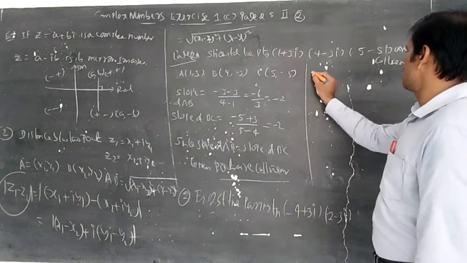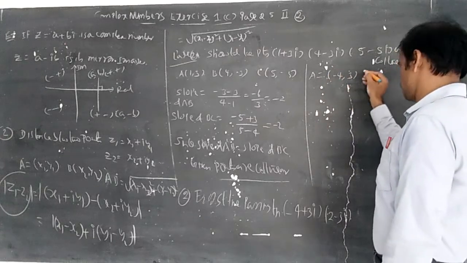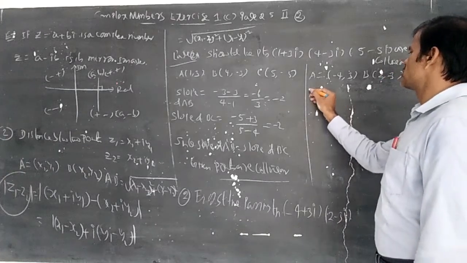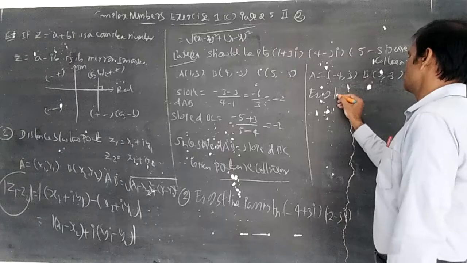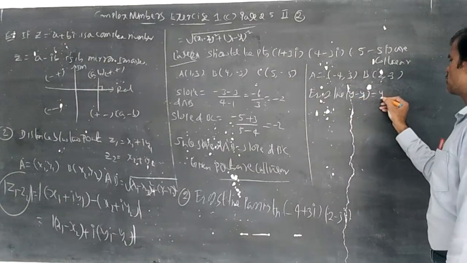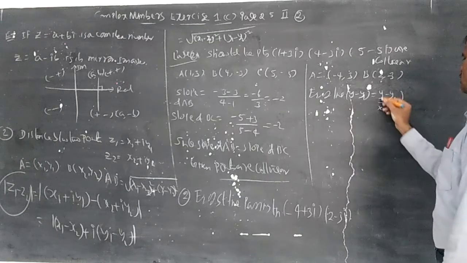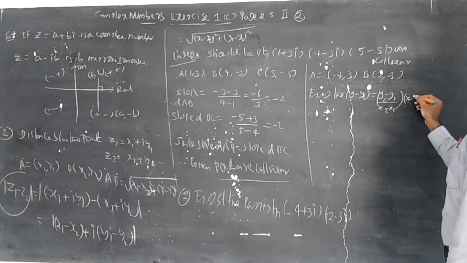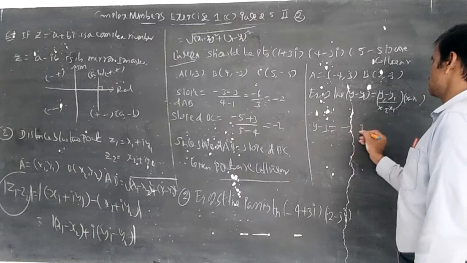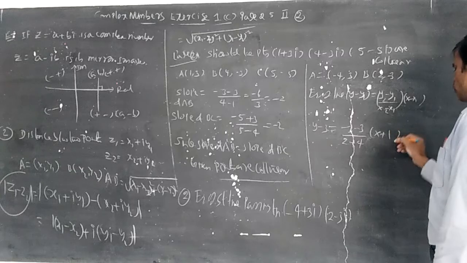Let A is equal to (minus 4, 3) and B is equal to (2, minus 3). Equation of line formula: y minus y1 is equal to y2 minus y1 by x2 minus x1 into x minus x1. So y minus 3 is equal to minus 3 minus 3 by 2 plus 4 into x plus 4.